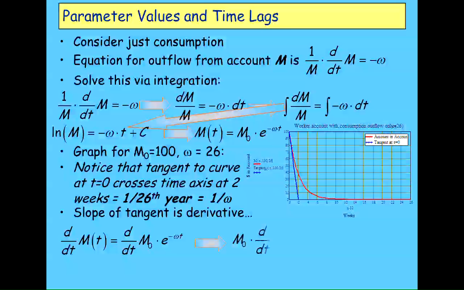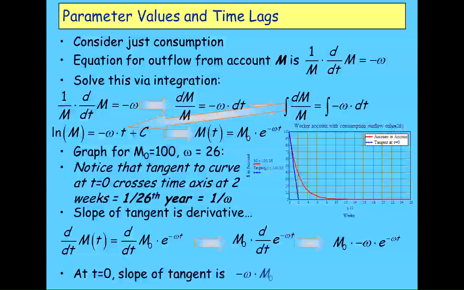So it's going to be equal to m0, which is 100, multiplied by minus omega times the original function. Now, that means the slope at t equals 0 is minus 2600. That's why it falls so rapidly. It goes from 100 to 0 in 1/26 of a year.